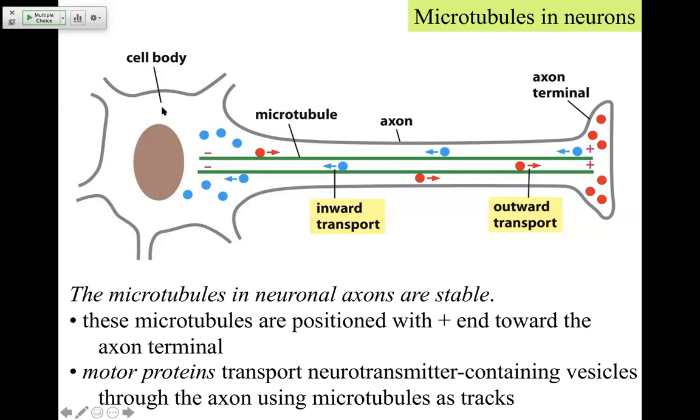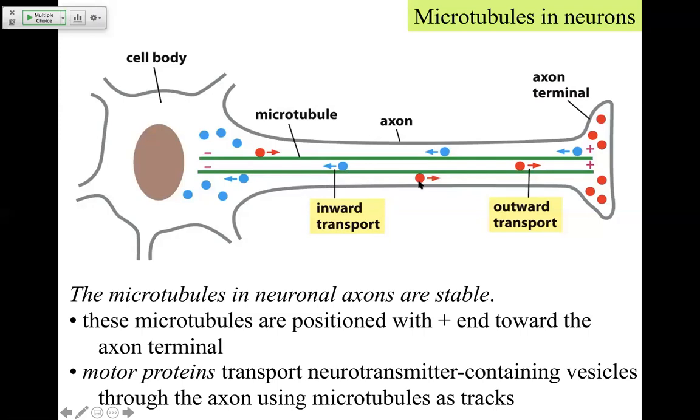This is the cell body, there's the nucleus, this is where the ER would be, this is where the Golgi would reside in the cell body of a neuron, and all of those neurotransmitters will be carried in these secretory vesicles to the axon terminal, where they will wait until they receive a signal for the secretory vesicles to fuse with the plasma membrane and then release their contents into that synaptic cleft. We'll look at that a little bit later. What is that signal? But in order for them to get there, they have to travel along these tracks.